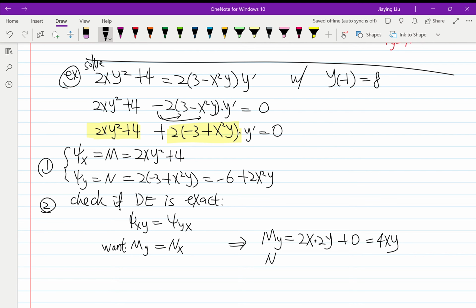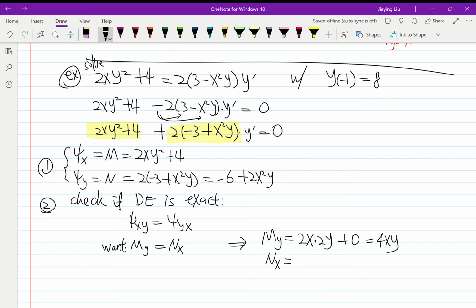And then Nx, the derivative of N with respect to x: the 6 will become a 0, the 2 is a constant, x squared will be 2x, and y doesn't depend on x for now. You treat it as its own variable, even though y depends on x in the equation, but not here.